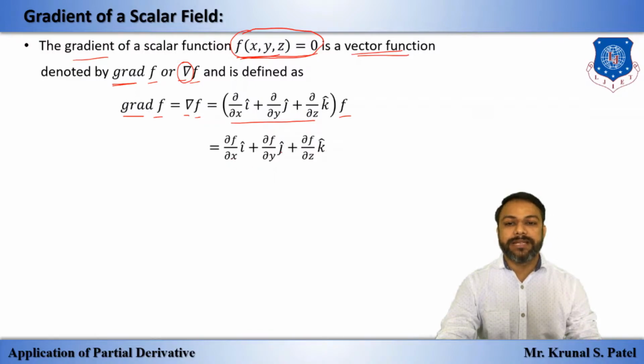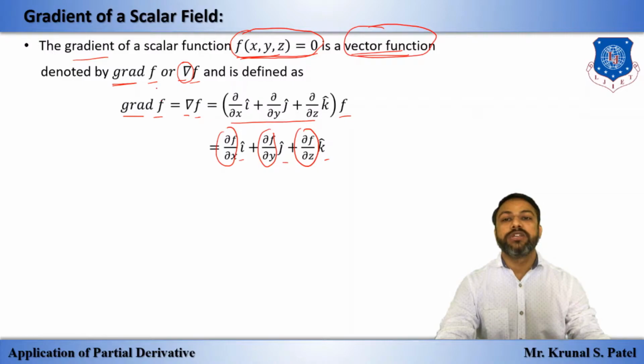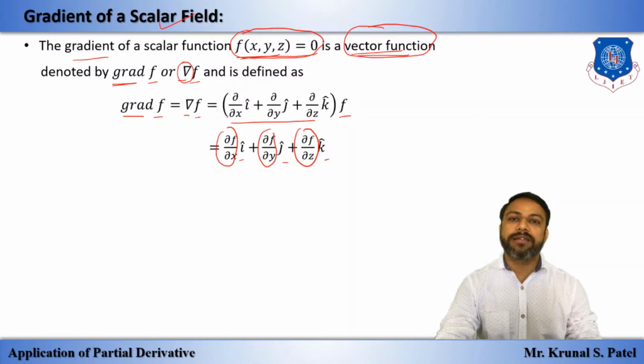We know that these derivatives are functions of x, y, z, and because of i, j, k, this is a vector, so we can say that this is a vector function. So the gradient of a scalar field gives us a vector field, that means a vector function.